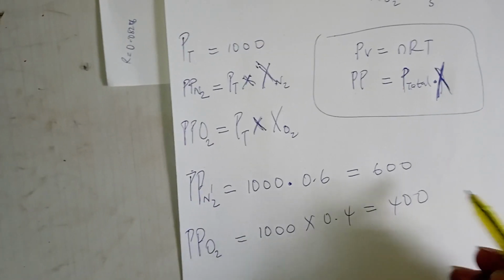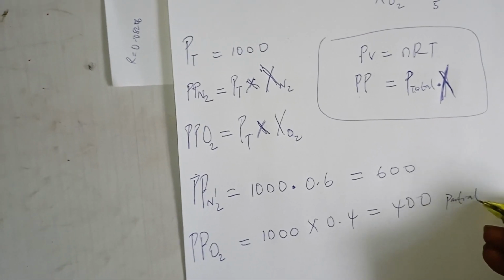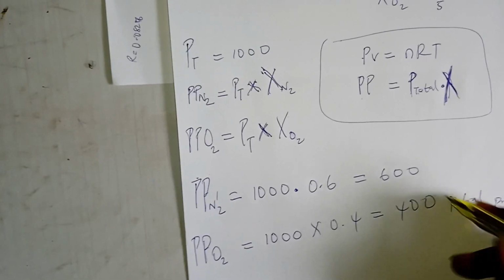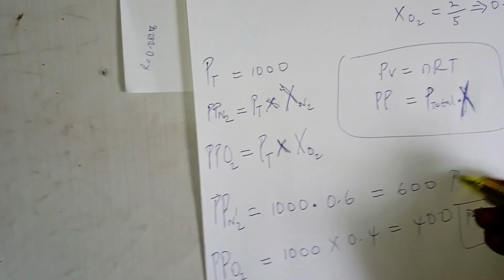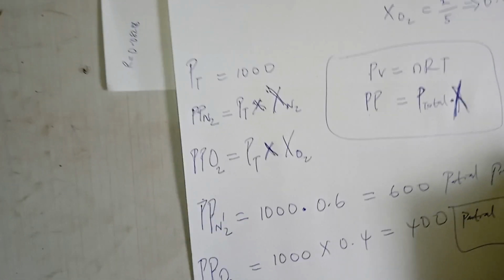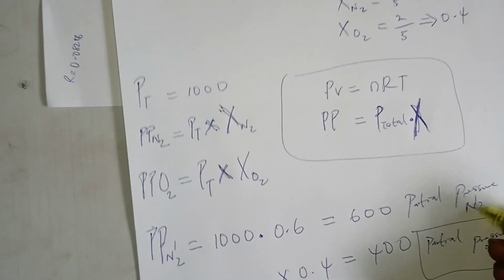Now this is the partial pressure of oxygen, O2. And this is the partial pressure of N2.